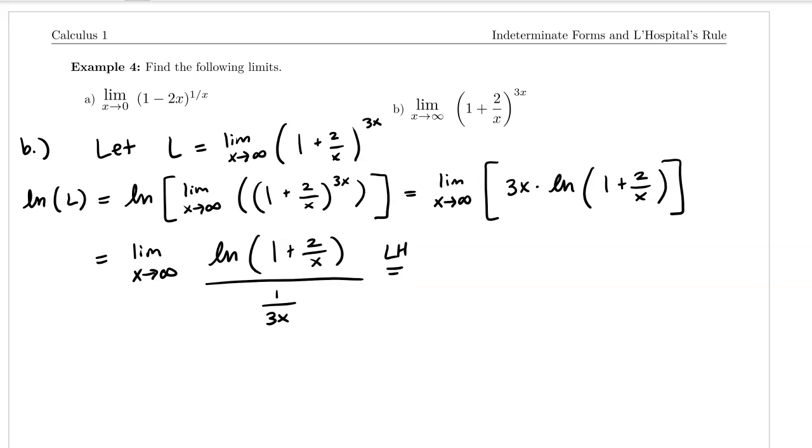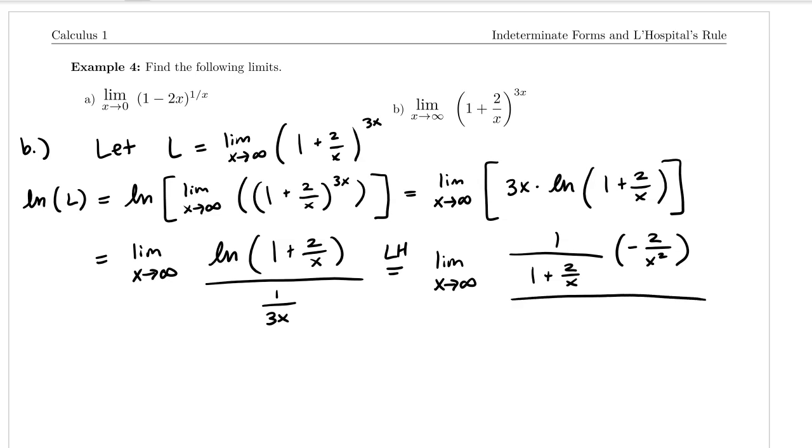So let's apply L'Hopital's rule now. This is going to equal the limit as x approaches infinity of 1 over 1 plus 2 over x, and then I need to multiply by the derivative of the inside. And so that would be negative 2 over x squared. And then the derivative of the denominator: if it helps, you can think of this as 1/3 times 1 over x.